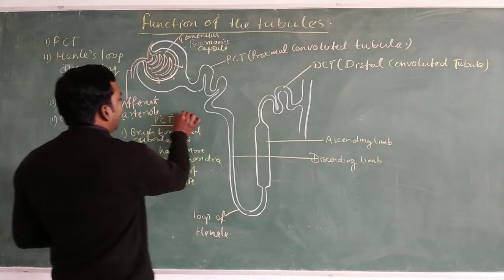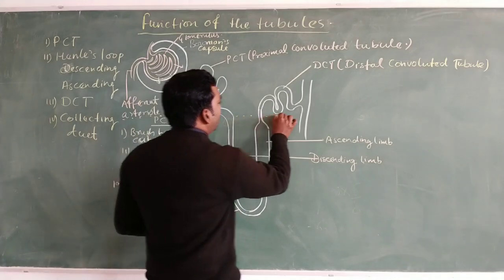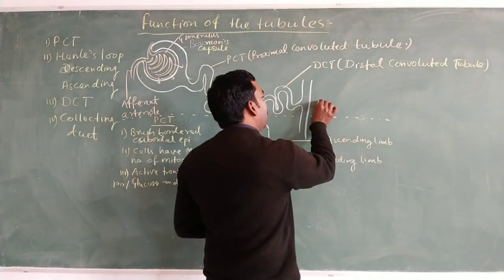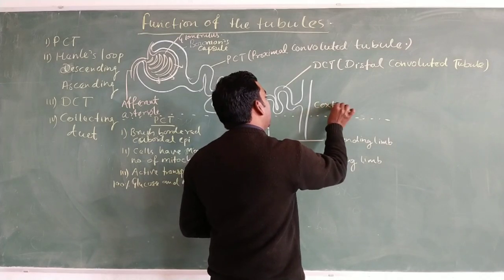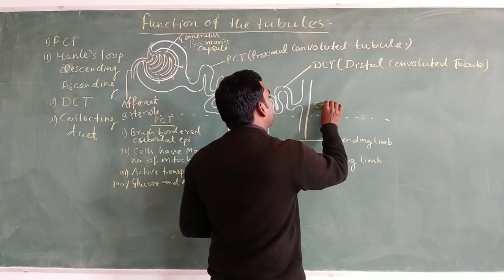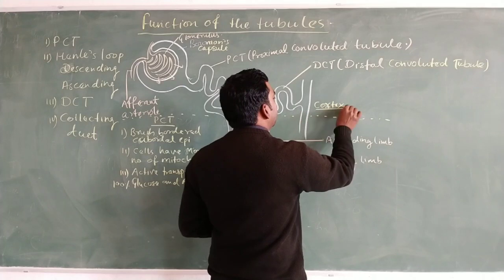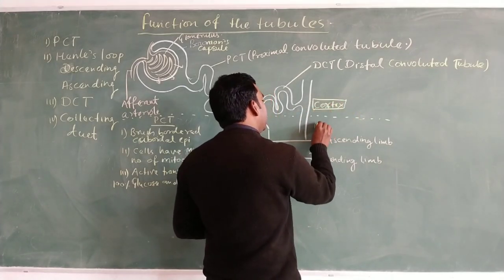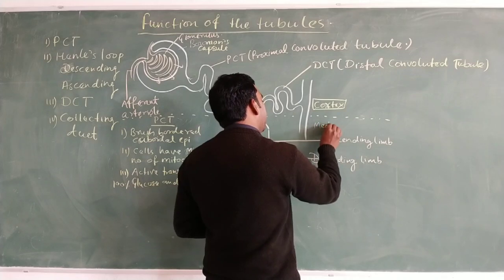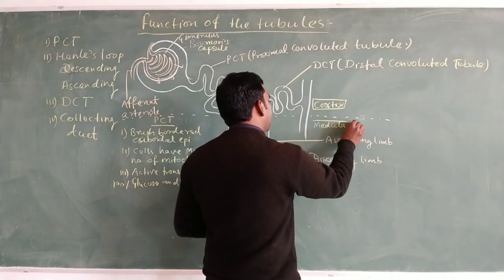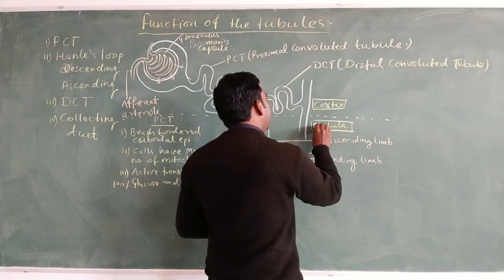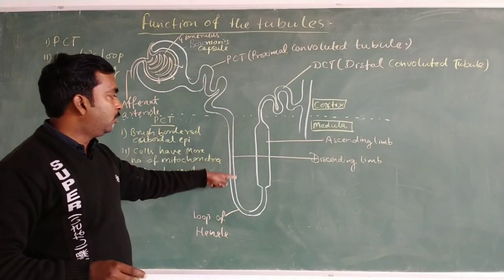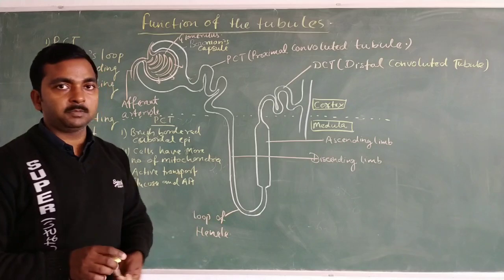And here we will also separate the portion into two regions. This is the cortex region, and after this it is the medulla region. So the PCT and DCT are mostly present in the cortex region, and only the loop of Henle is present in the medulla region.